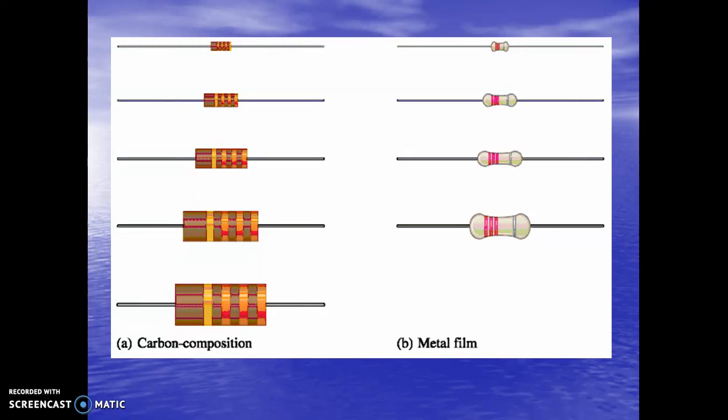When we're building our circuits, the resistors will typically look something like this. We will talk more about what those bands mean in a few seconds.